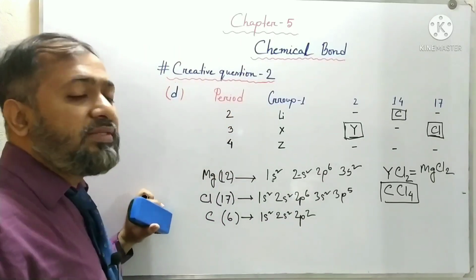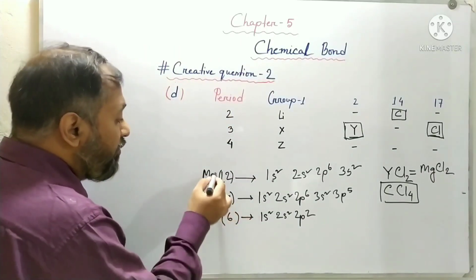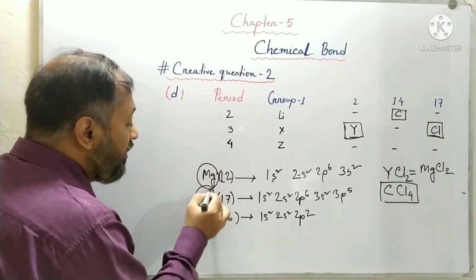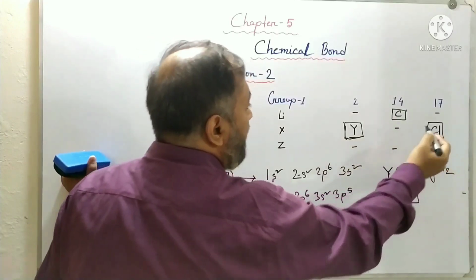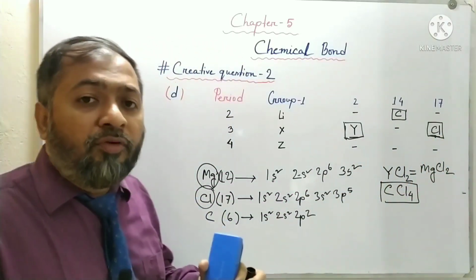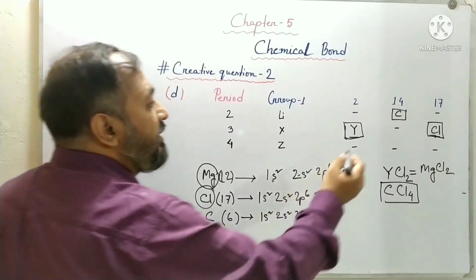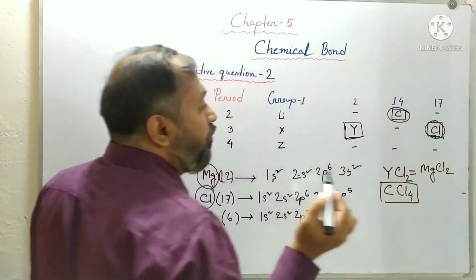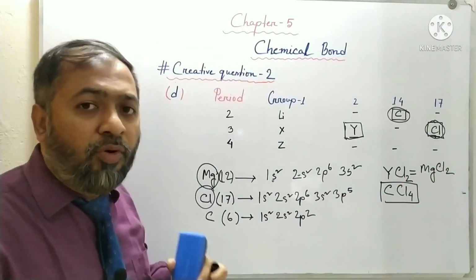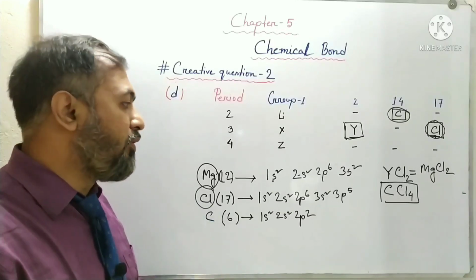From these two electronic configurations, we can find that the compound formed by magnesium and chlorine must be an ionic compound, because this is a metal and this is a non-metal. So a compound formed between a metal and a non-metal is an ionic bonded compound. On the other hand, the elements C and chlorine form a covalent bonded compound, because both of them are non-metals. Two non-metals form a covalent bonded compound.